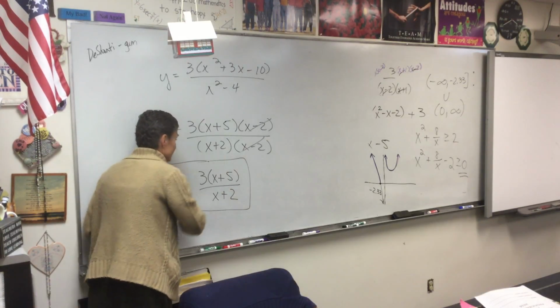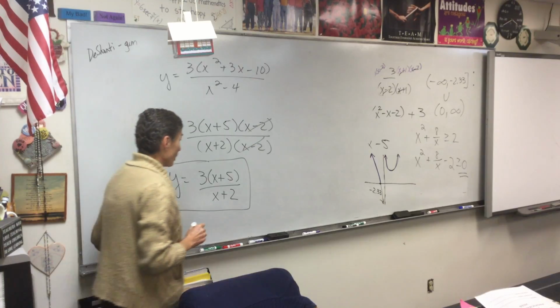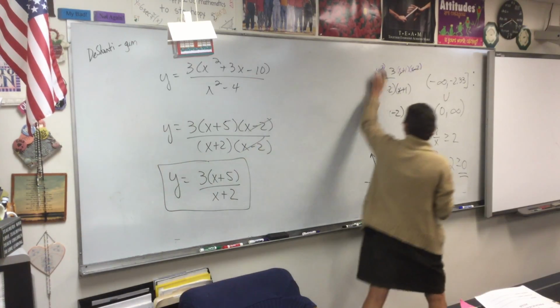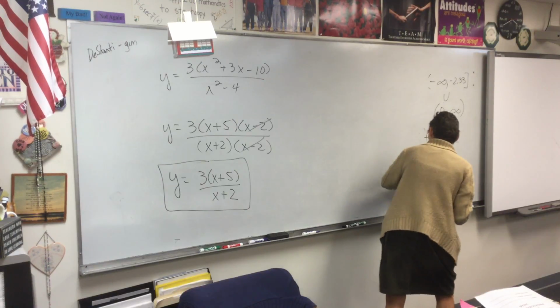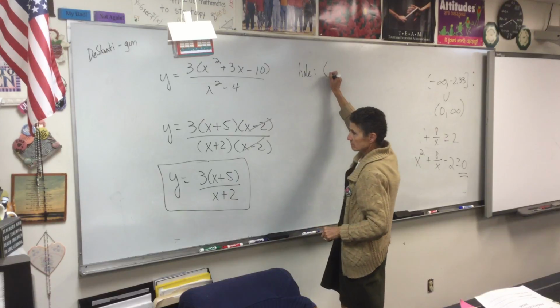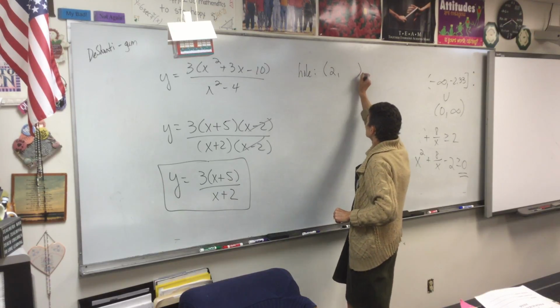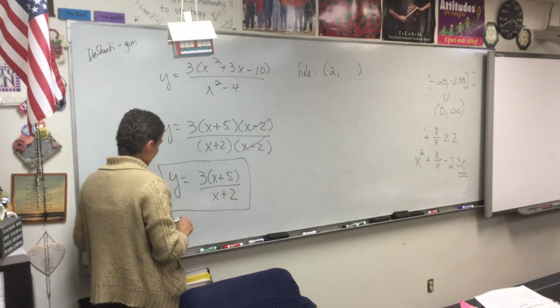Everybody okay right here? And before I forget, I'm going to graph that hole. Where will it be? Where x is 2. Let's see, if I plug in 2, what am I going to get?